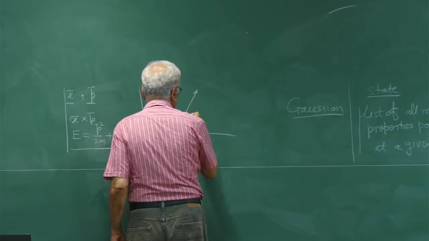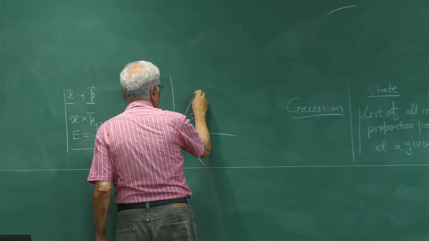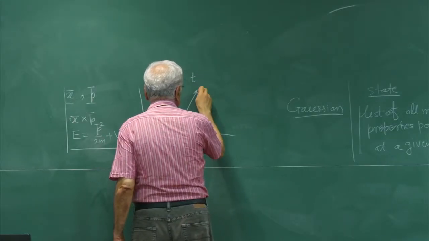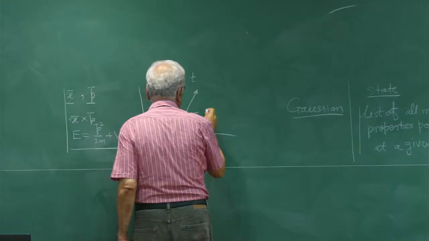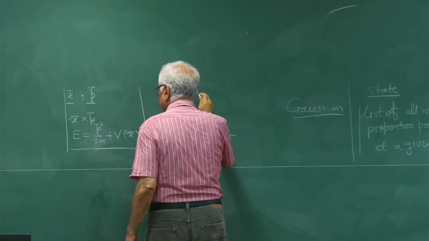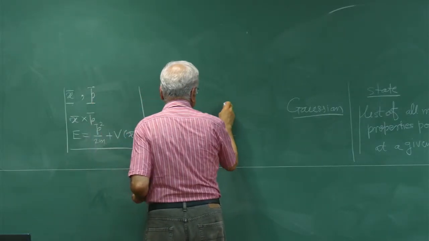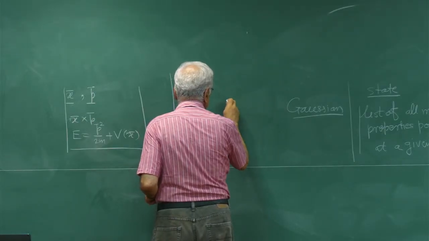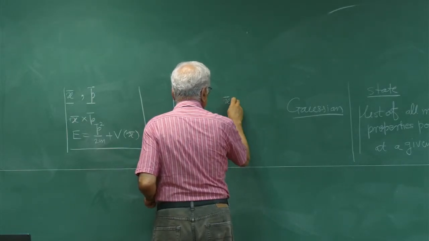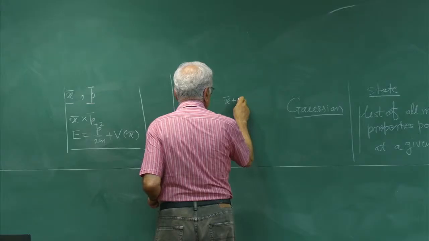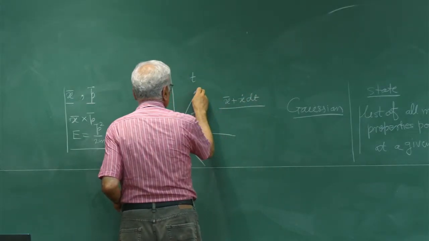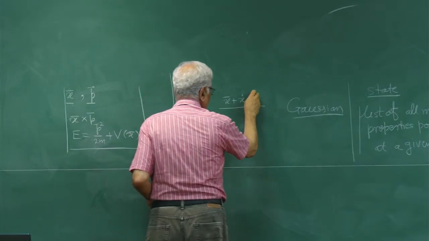This is the position vector. If at some time t naught or some t the particle is at this particular point, then I know the momentum. That means I know the velocity, so I can find out the next position after time.